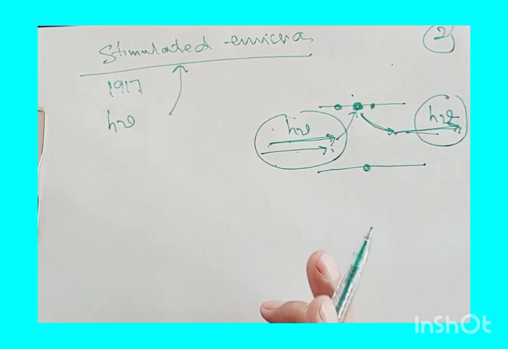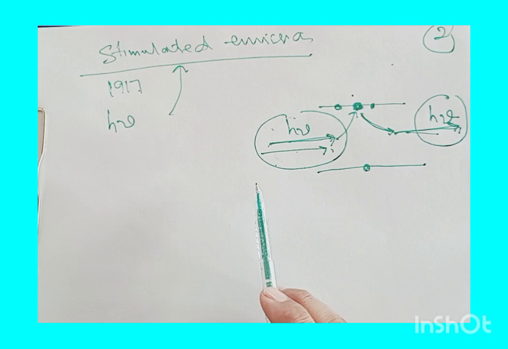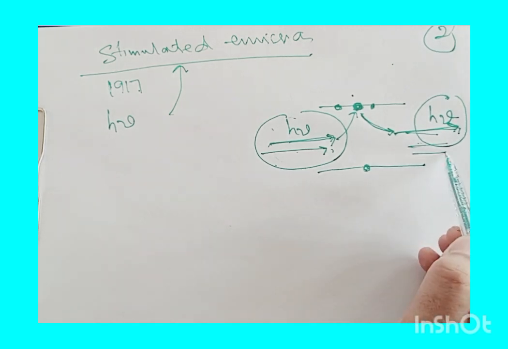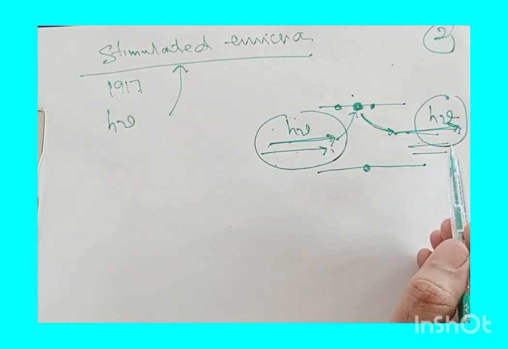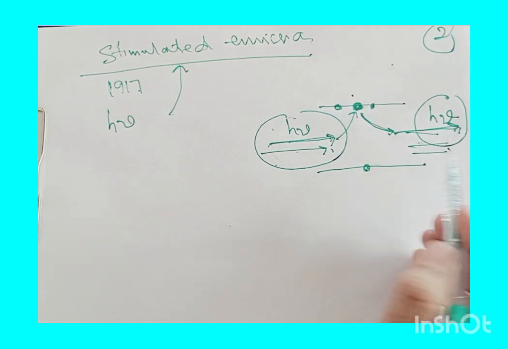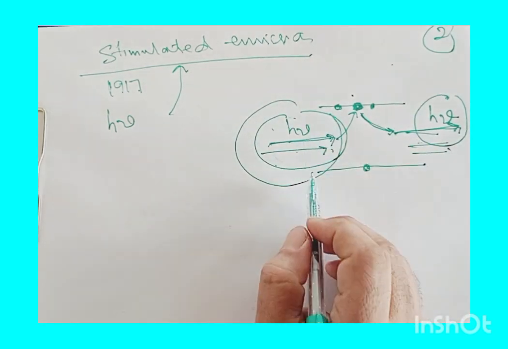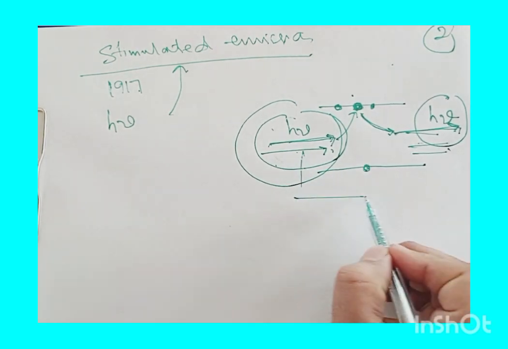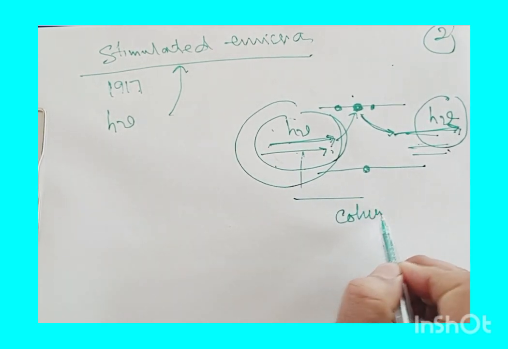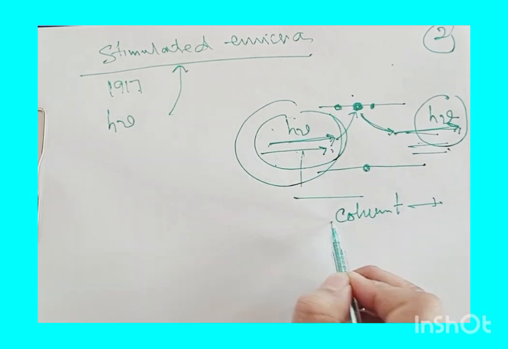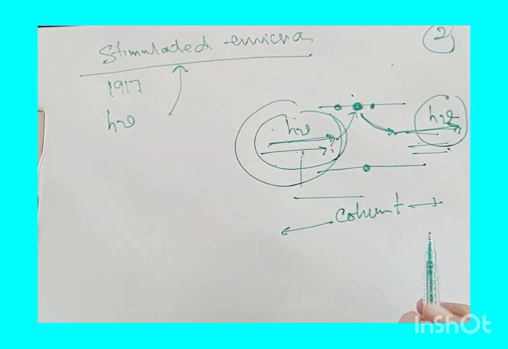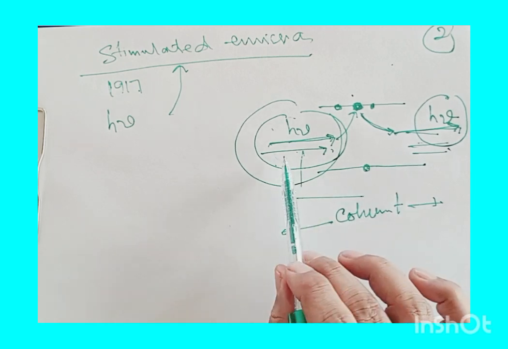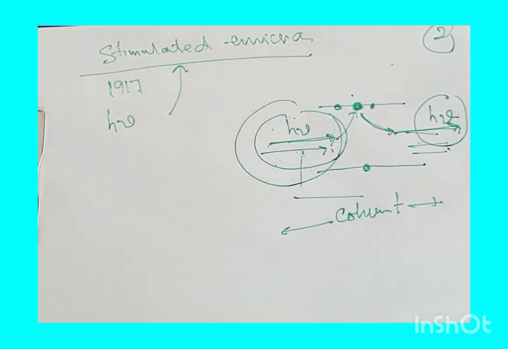So this stimulated emission leads to the emission of photons which have the same energy and phase as that of the incident photon. So the radiation emitted by the stimulated emission is exactly coherent, because the emitted photon has the same initial phase, the same wavelength, and the same frequency as the initial photon.